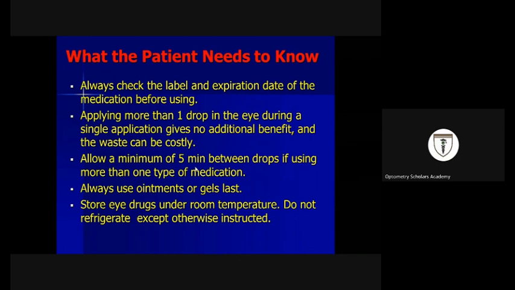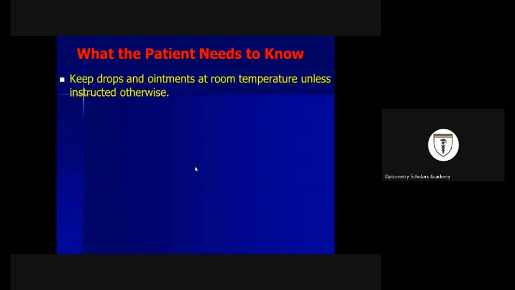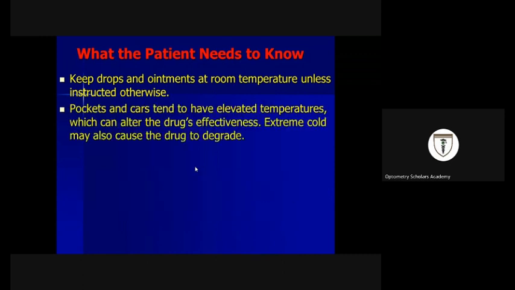Store eye drops at room temperature and do not refrigerate except as instructed by a doctor, especially for drugs that need to be refrigerated. Do not use more than 2 weeks after opening because of degradation, except for drugs that are prescribed for a month. Keep drops and ointments at room temperature unless instructed otherwise.